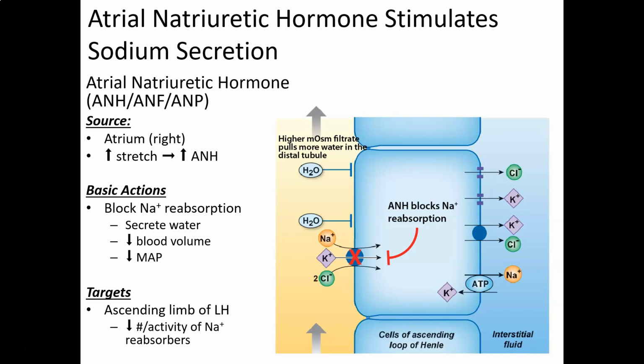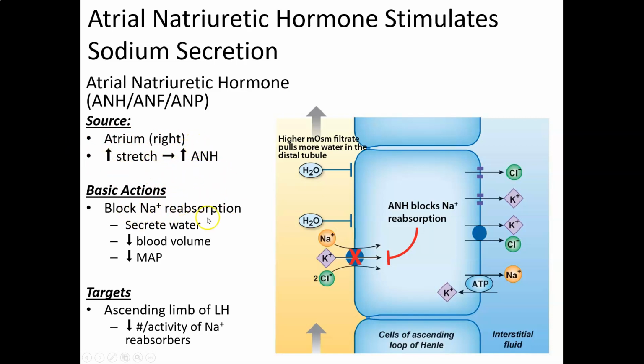And if the right atrium had excessive stretch, then it would release ANH, and that ANH would help to decrease the amount of sodium in your body, and since we peed out more sodium, water would follow along and would help decrease blood volume and blood pressure. So it's the amount of stretch in the atria, and especially the right side, that really determines how much ANH is released.